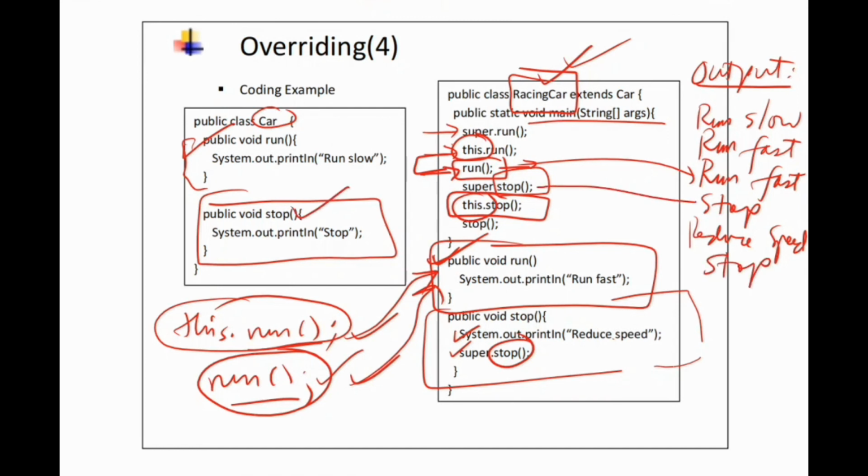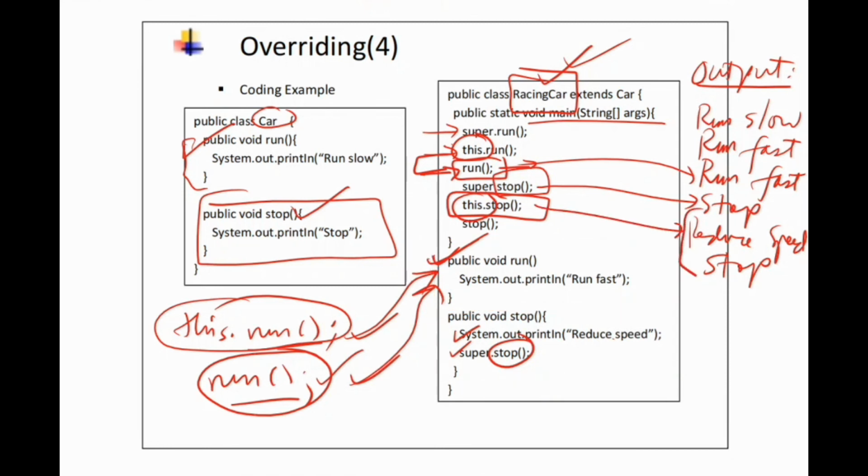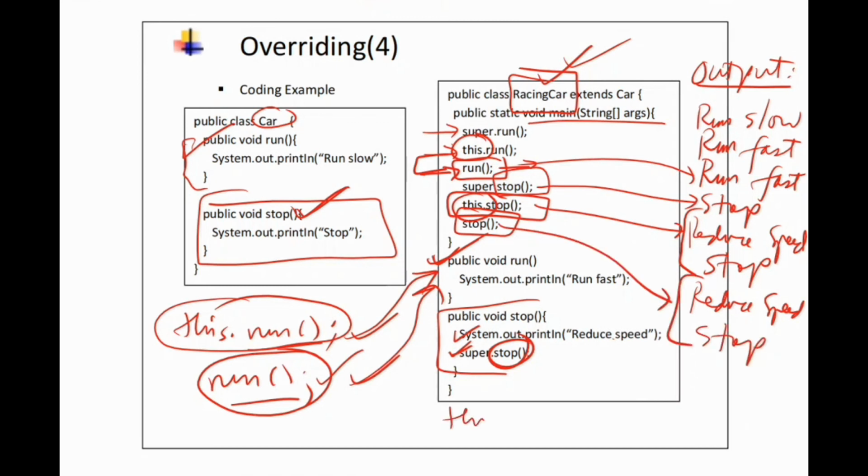And lastly, it calls its own stop method again, so the output is "reduce speed" and the superclass stop. So again, when you say this.stop, it's the same as simply stop.